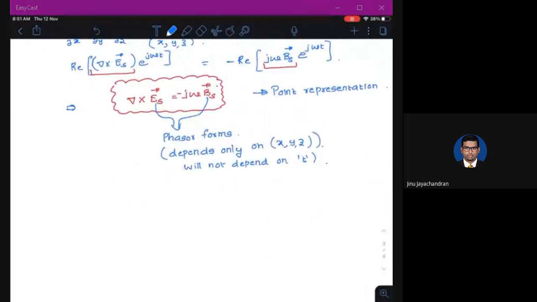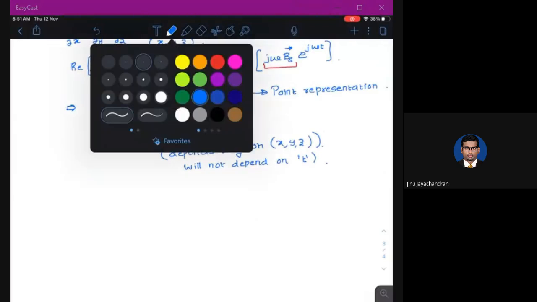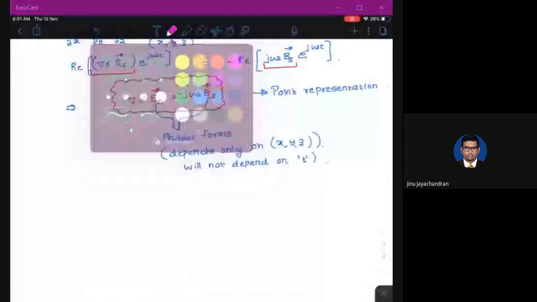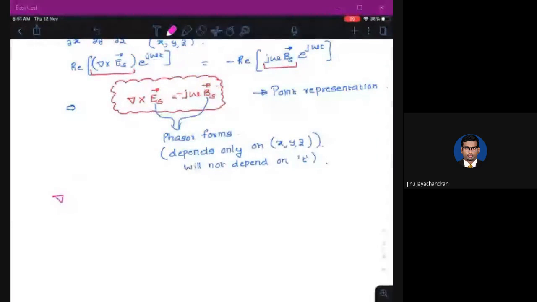So let's write all the Maxwell's equations in point form. The original Maxwell's equation and the point form.